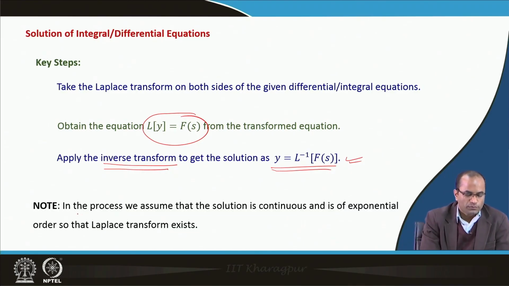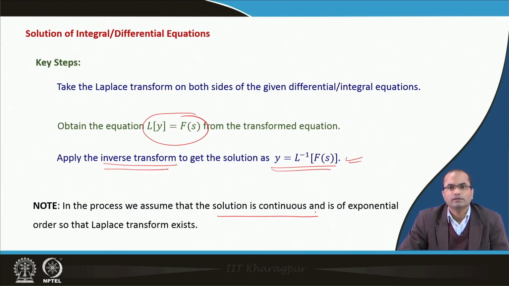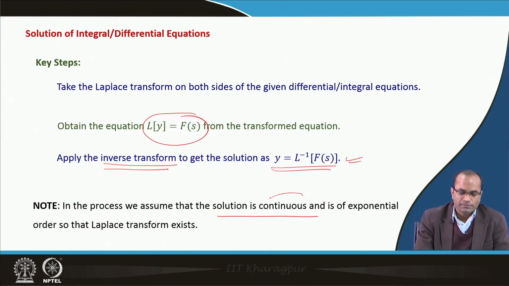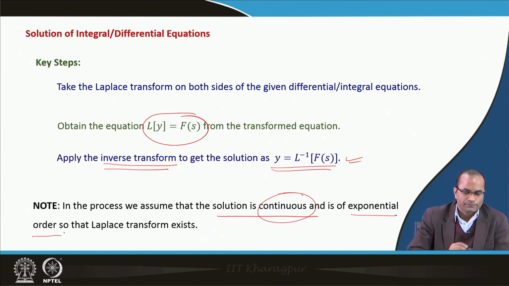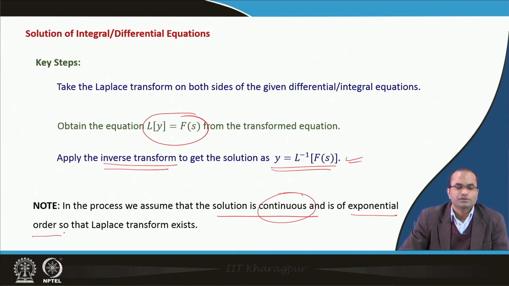Just a note, in this process we will assume that the solution of the given differential equation is continuous and is of exponential order, so that the Laplace transform exists. Indeed, we need piecewise continuity, but in differential equations most of the time we have a solution which is even continuous and of course of exponential order.